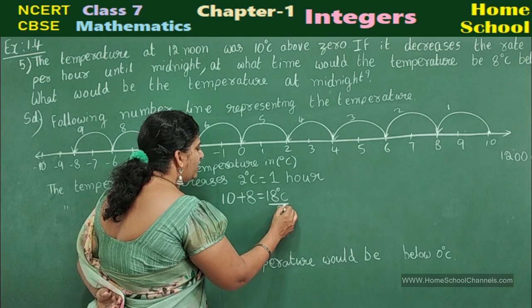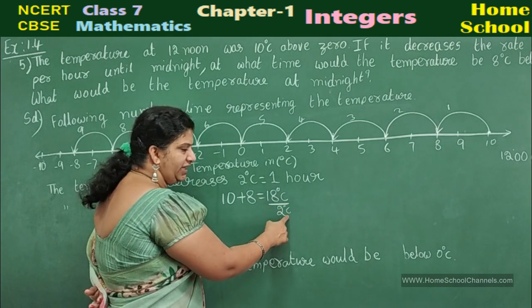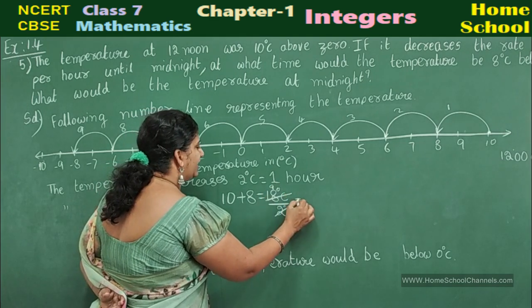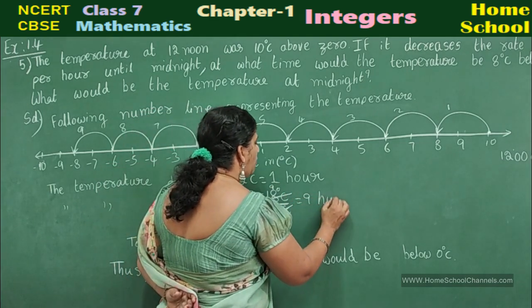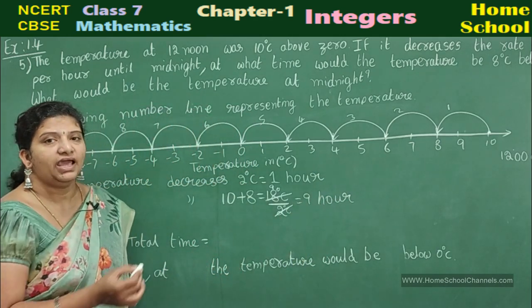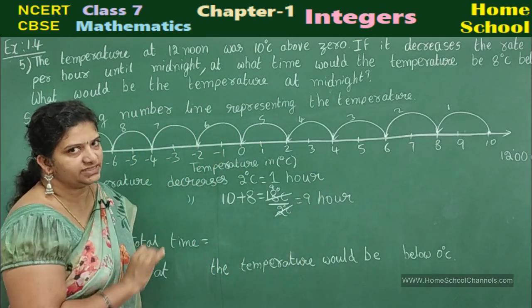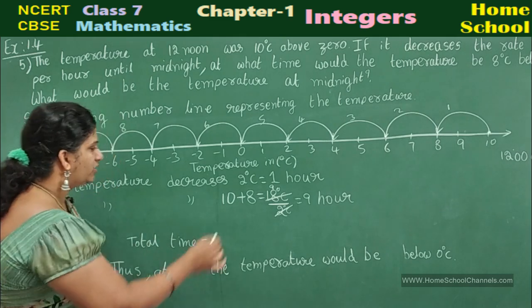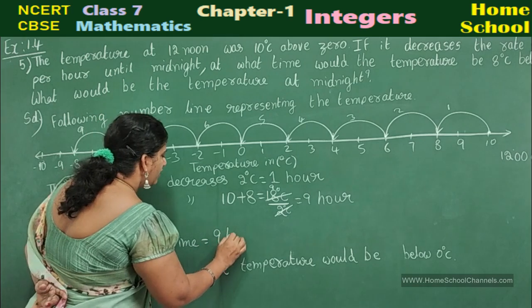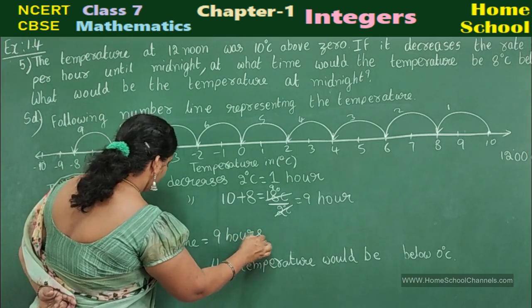For every 1 hour, 2 degrees, right? So divide by this: 2 nines are 18. So 9 hours are needed to decrease to 8 degrees below 0. Therefore, total time is equal to 9 hours.